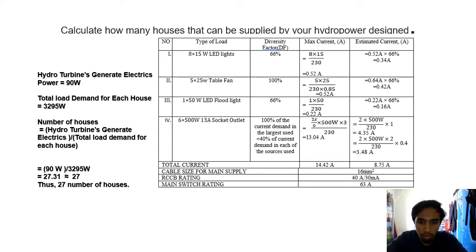So next we go to the table. This table calculates the diversity factor, the max current and estimate current for the LED light, table fan, LED floodlight and 30 ampere socket outlet. From the diversity factor, for the LED light we get 66%.